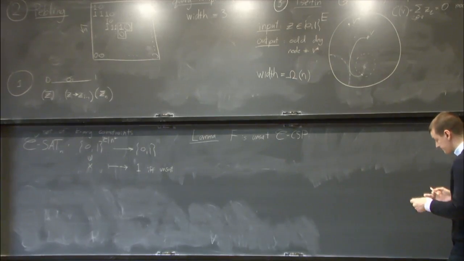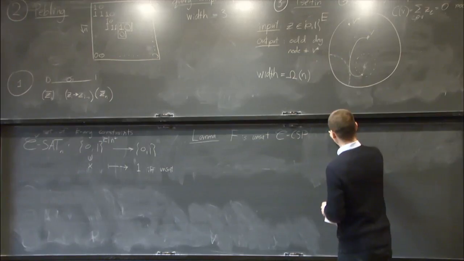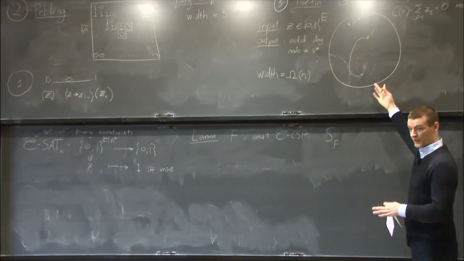Everything is bounded width. Then, we're interested in the CNF search problem, for which we have lower bounds.